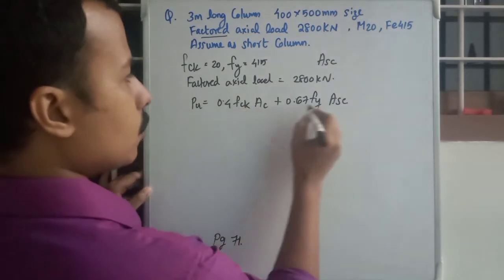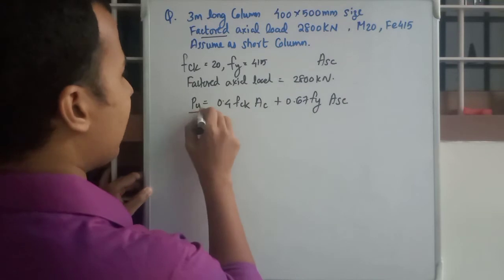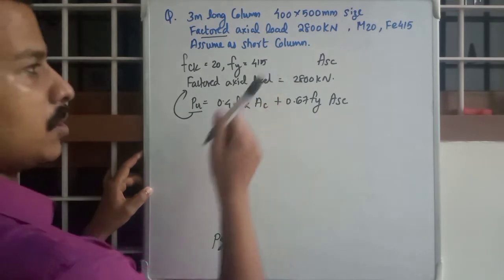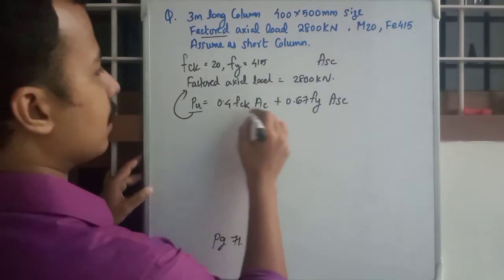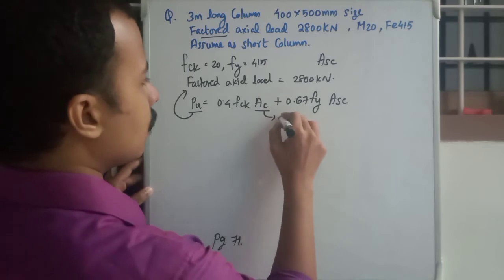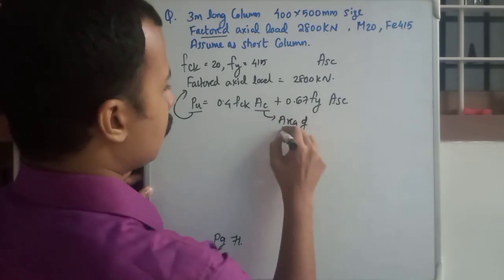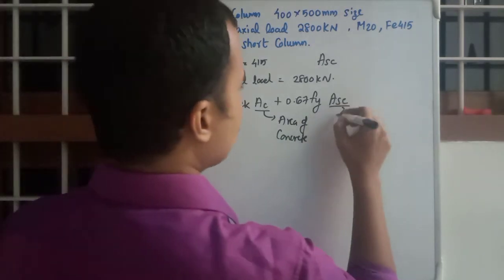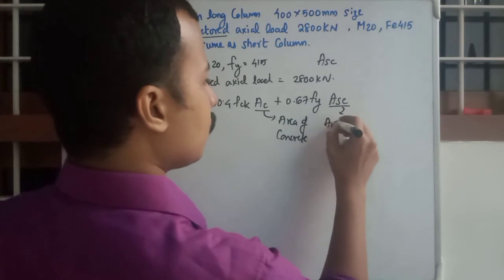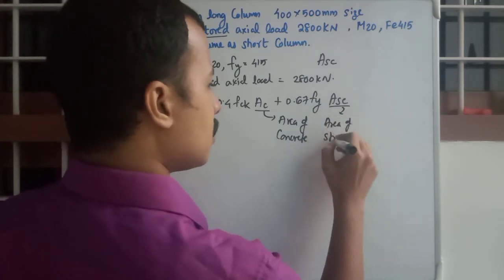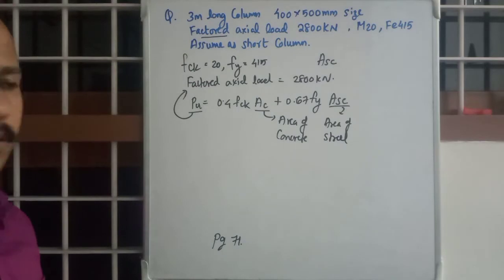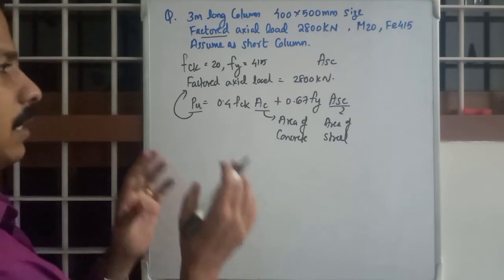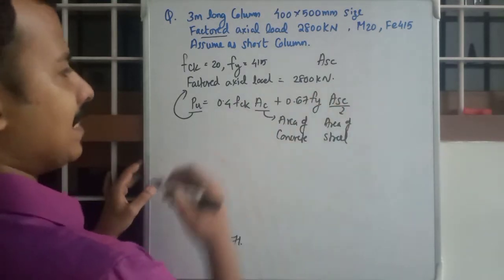So fck we know, fy we know, Pu is the factored axial load, 2800 kilonewton, and Ac is the area of concrete in the column, and Asc is the area of steel. Now we will calculate Asc from this.